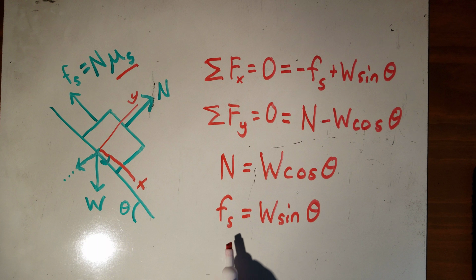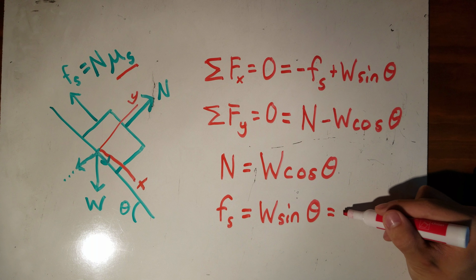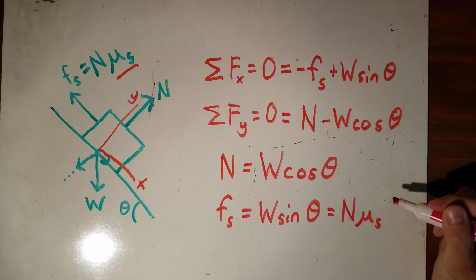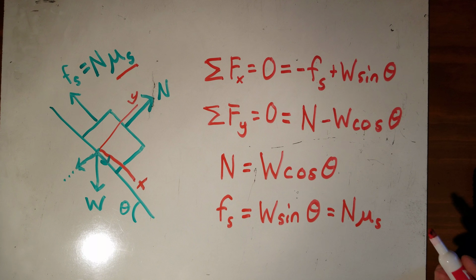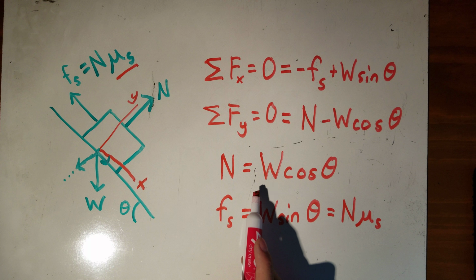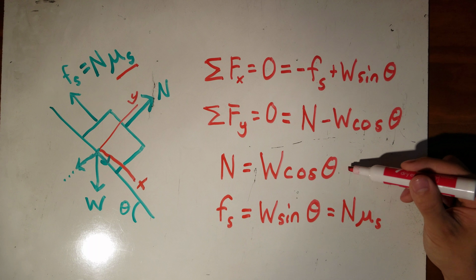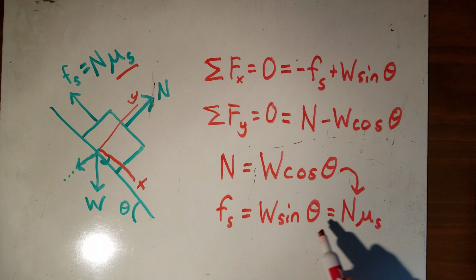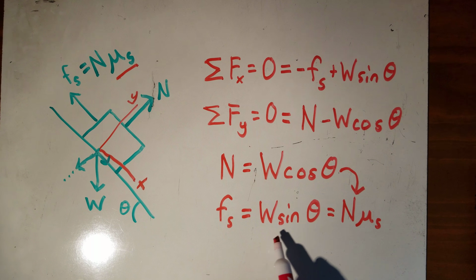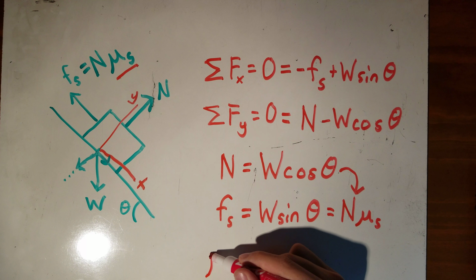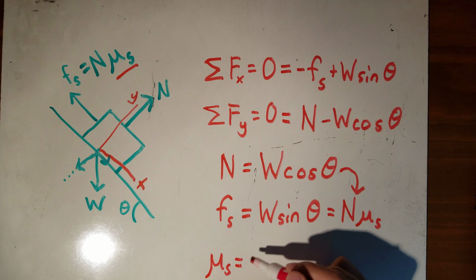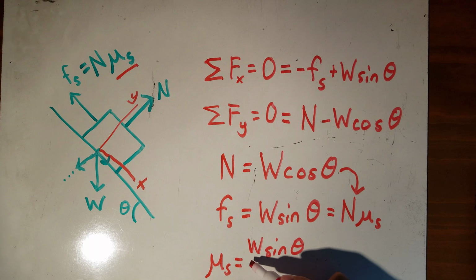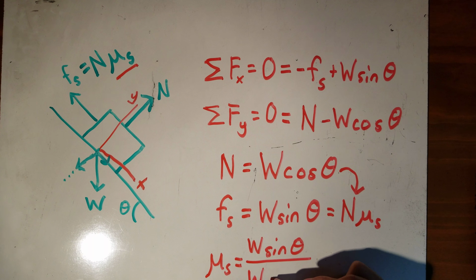From here, we know that f of s is equal to the normal times the coefficient of friction, and we can plug in this substitution here, w cosine of theta, for n, and then divide n over on both sides of this equation here, and we'll see that mu of s is equal to w sine of theta over w cosine of theta.